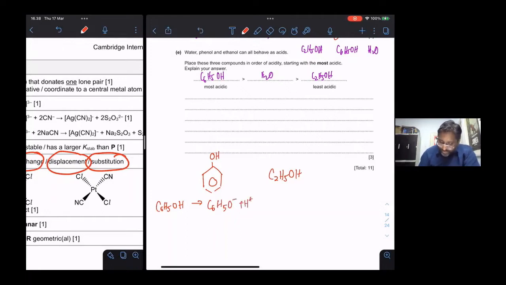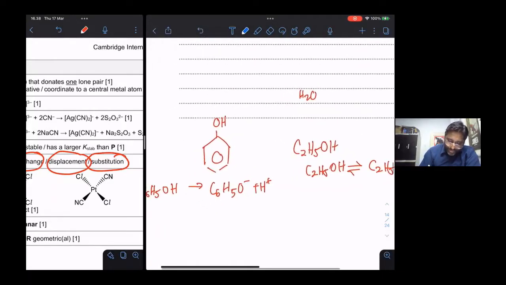Water we will compare later. And then we have C2H5OH. All of them are weak acids, so ethanol will give you C2H5O- and H+.